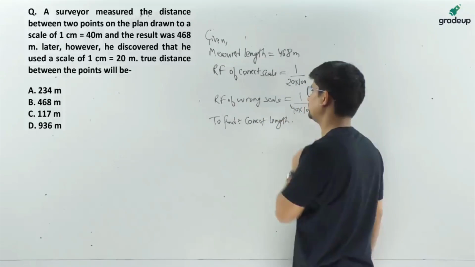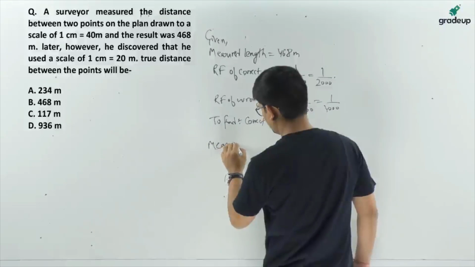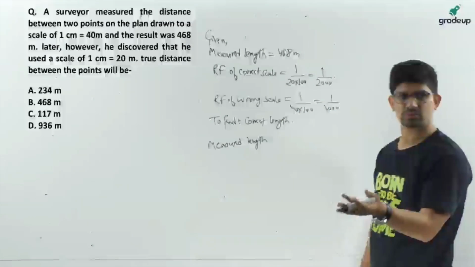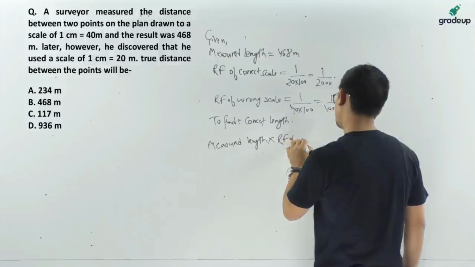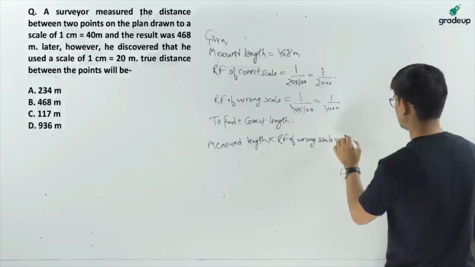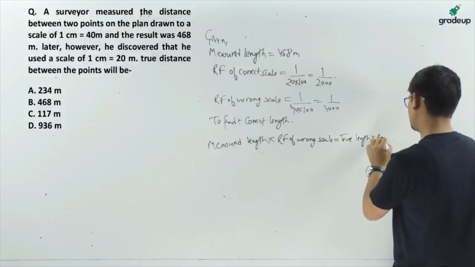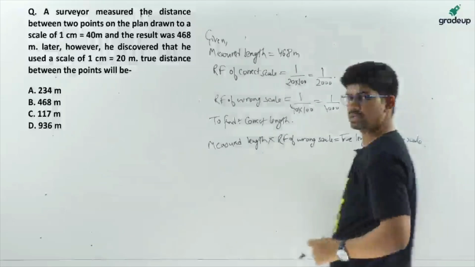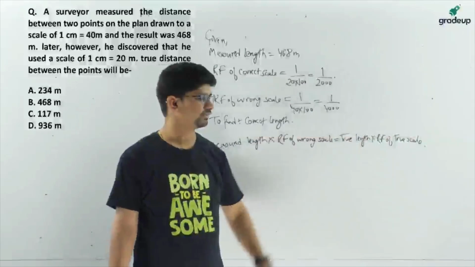So this is the data which is given to you, and you have to find the correct length. Okay, so the formula is, you all know, measured length into RF of wrong scale is equal to true length into RF of true scale.